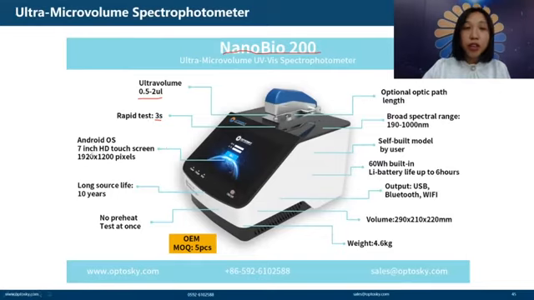And it also has a larger screen. And the battery can last 10 years. And we welcome OEM production.